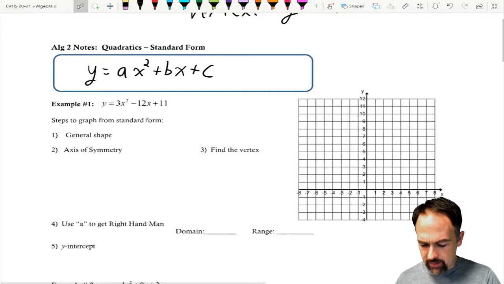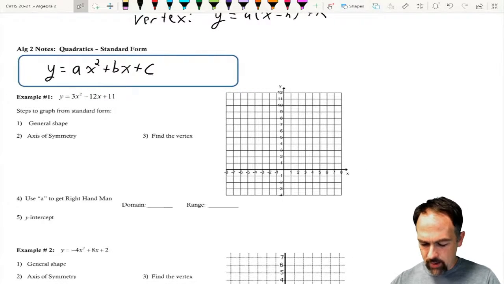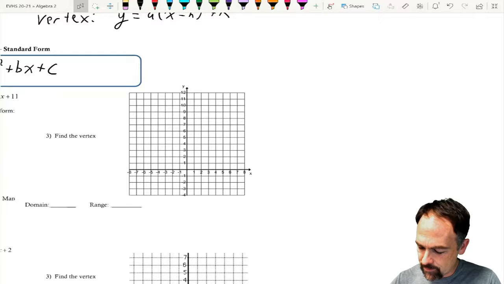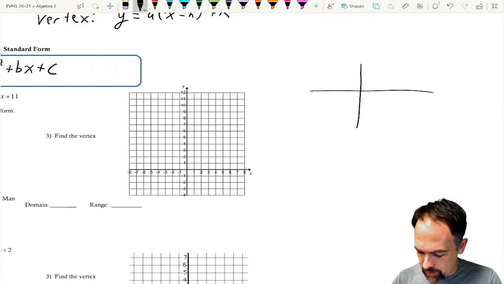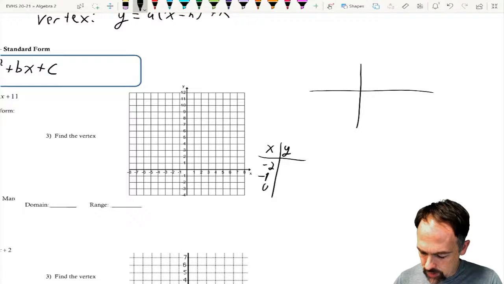So the first thing I want to go over before we get to this is let's remember what our parent function did. I'm going to come over here on the side. Our parent function had this basic XY table. We had -2, -1, 0, 1, and 2.